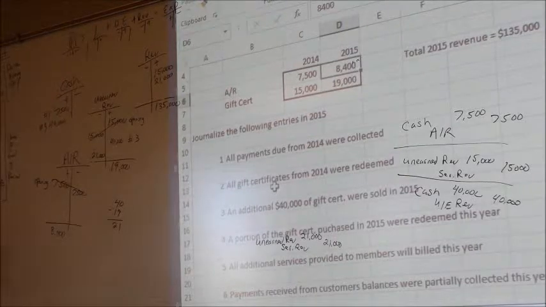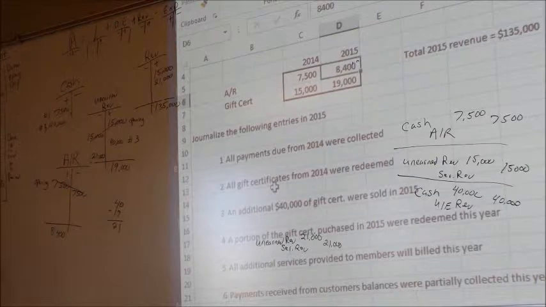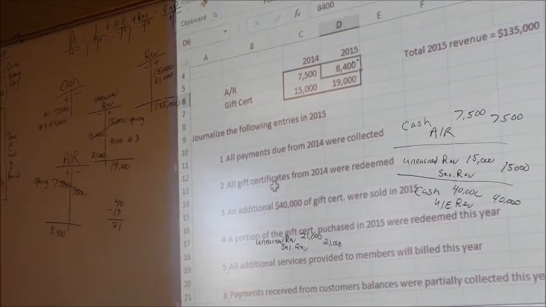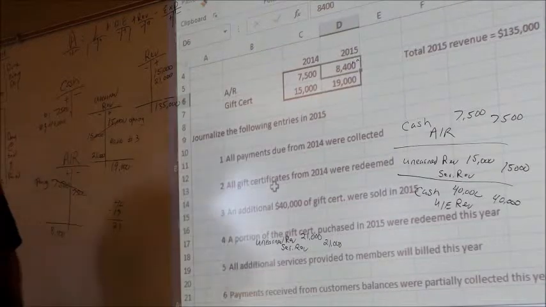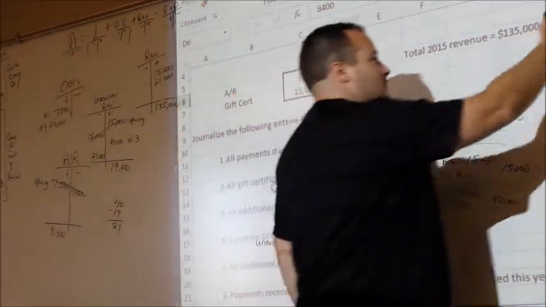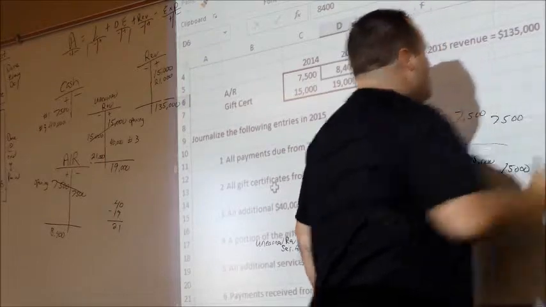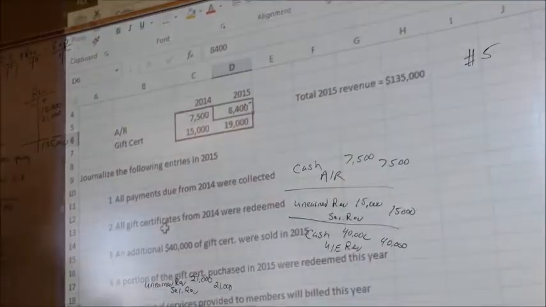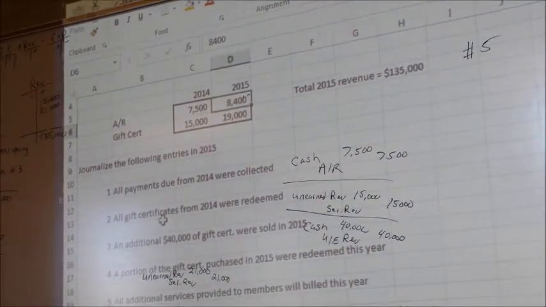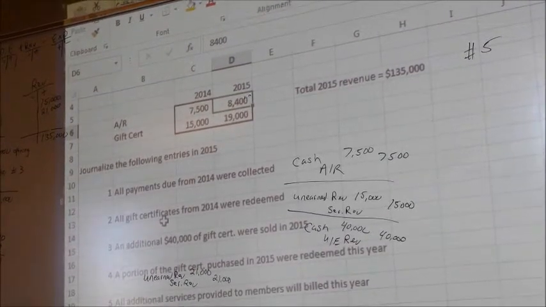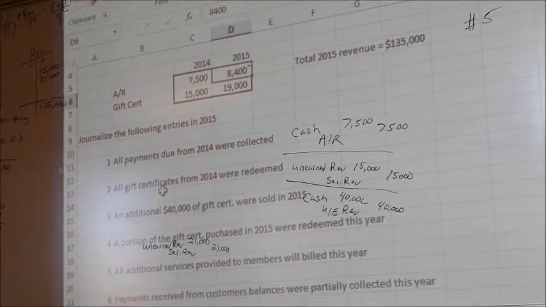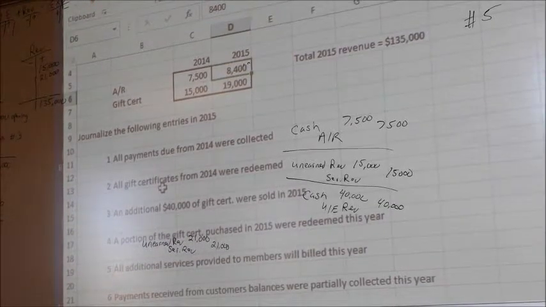Okay, number 5, all additional services provided to members will be billed this year. Maybe the hardest one. Jason, is it credit or debit accounts receivable 900?